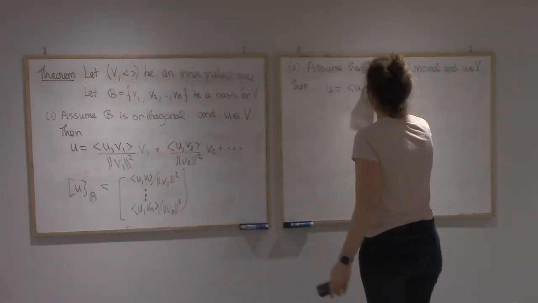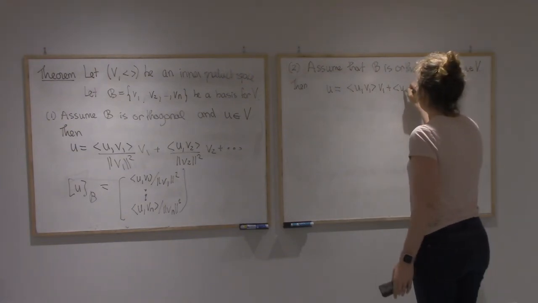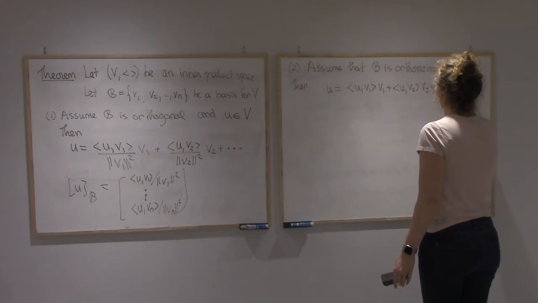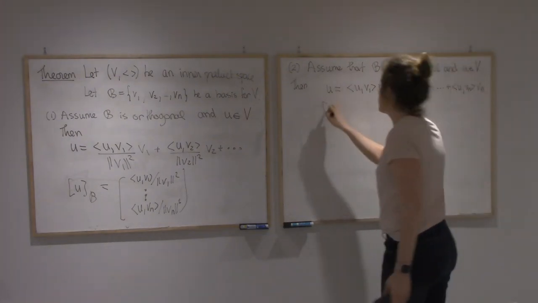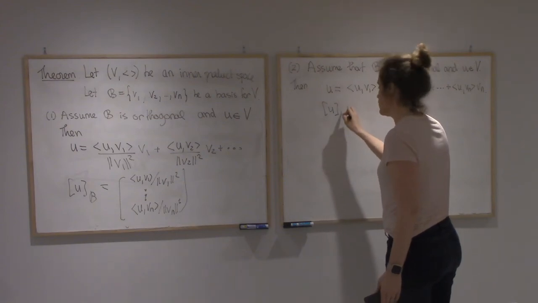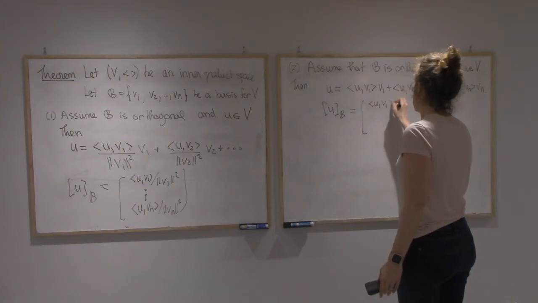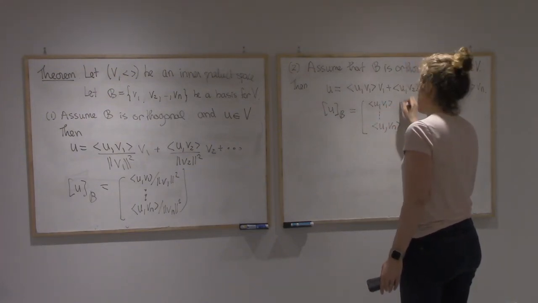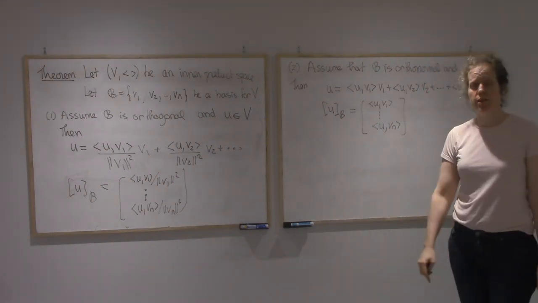I get U dot V1 plus U dot V2 plus U dot Vn, and then the coordinate vector would be just the dot product with the basis elements. So the dot product gives you everything.